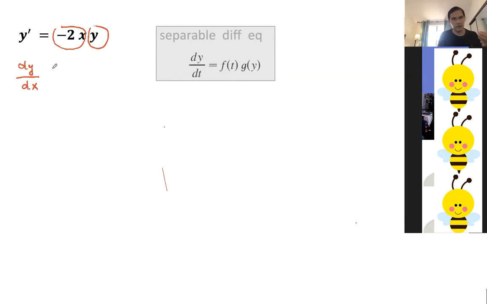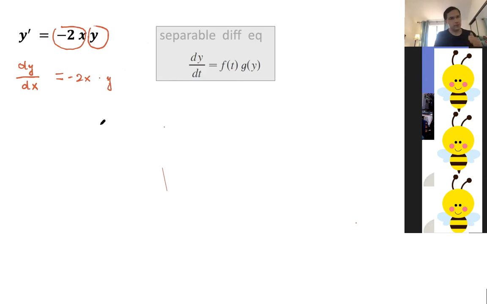Or when the function is a function of t, then we'll say dy over dt. The same thing. And then the right-hand side is the product of those two separable factors. One is the factor of x, negative 2x. See, times, not addition. This is times, and then the other function of y. So times y.